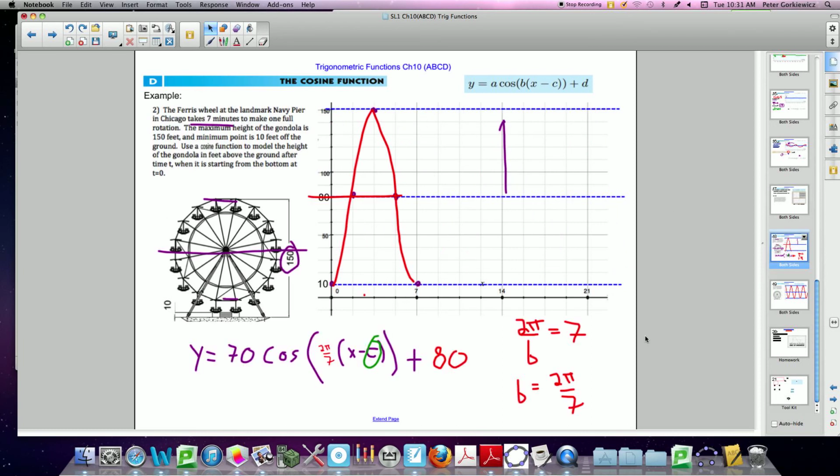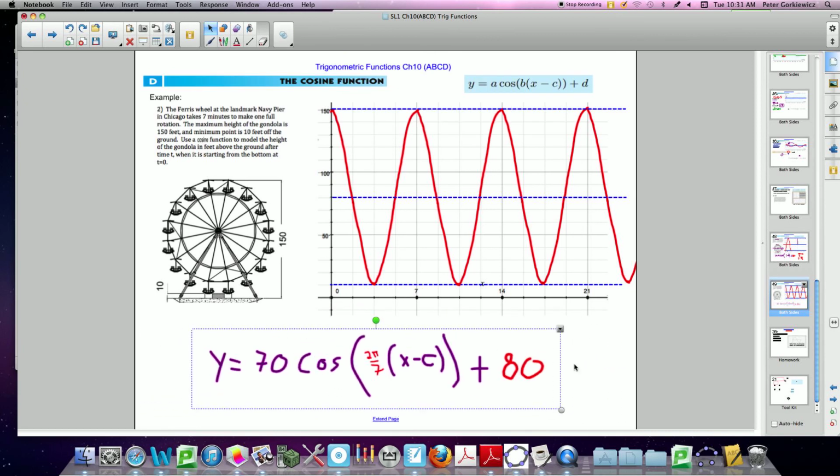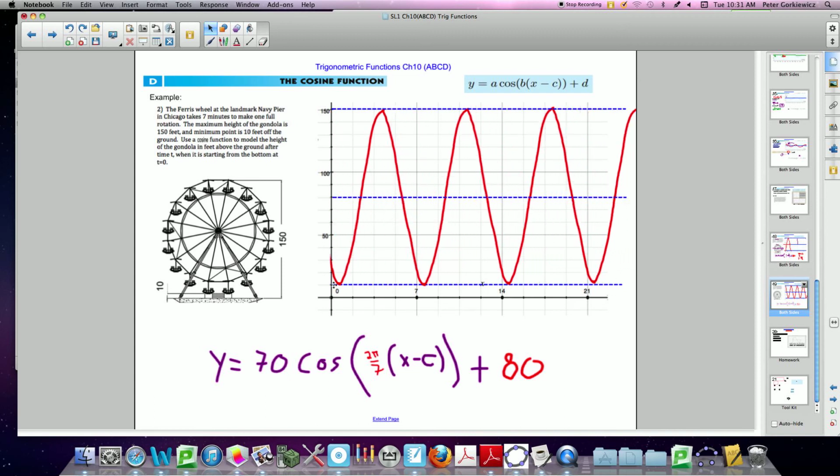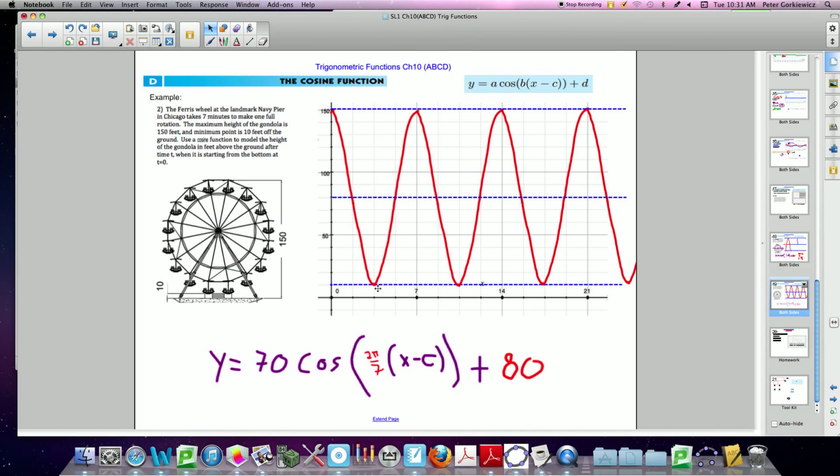So one thing we can do, here, let me steal this back. One thing we can do is slide it, right? So we could add something to C and move it so the minimum is here where we want it to be, right? This is 7.